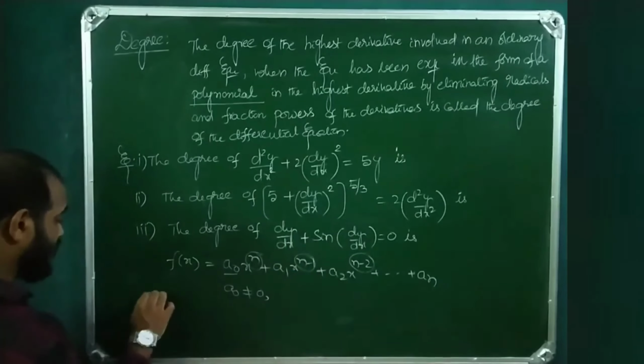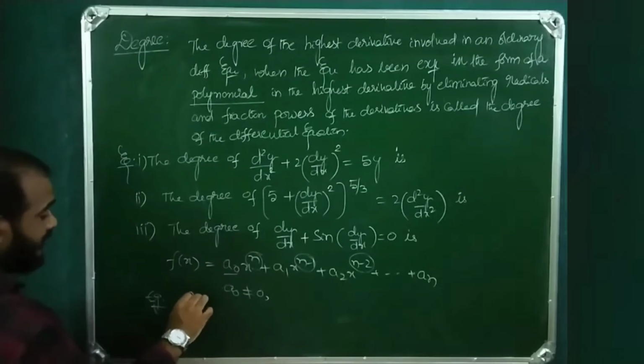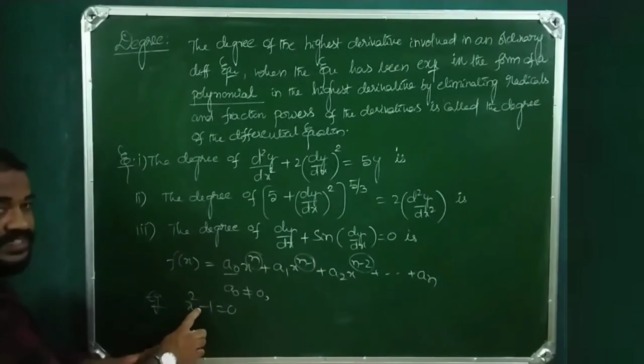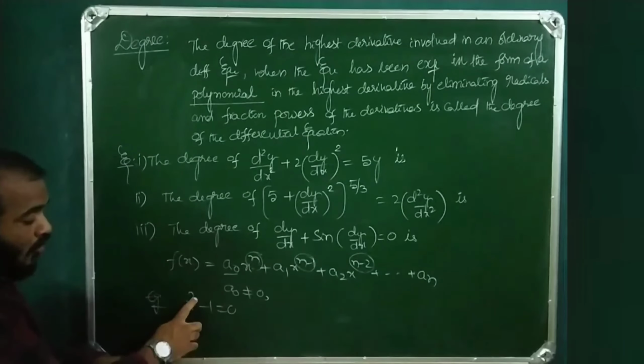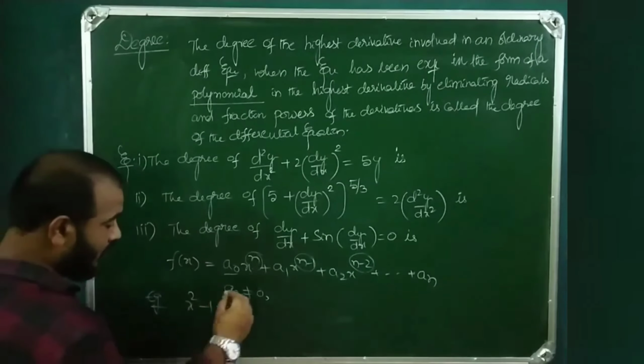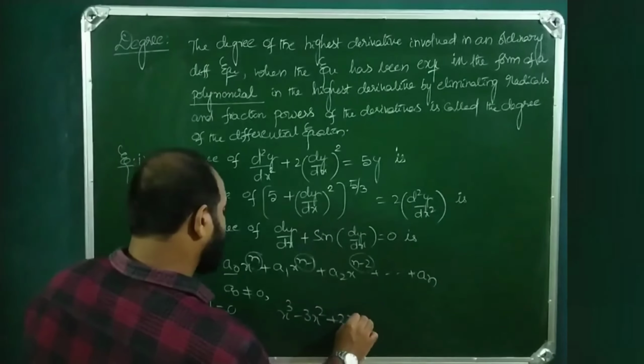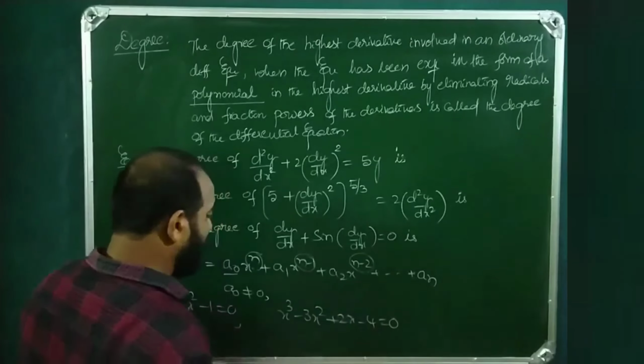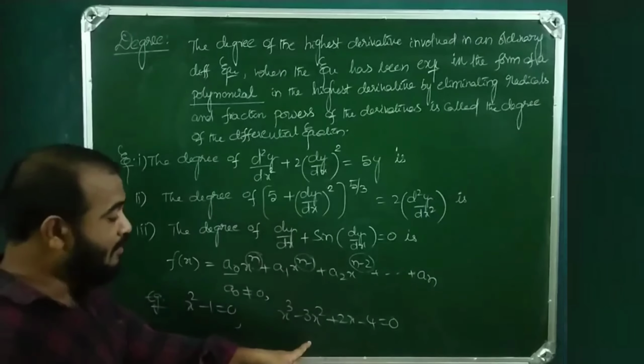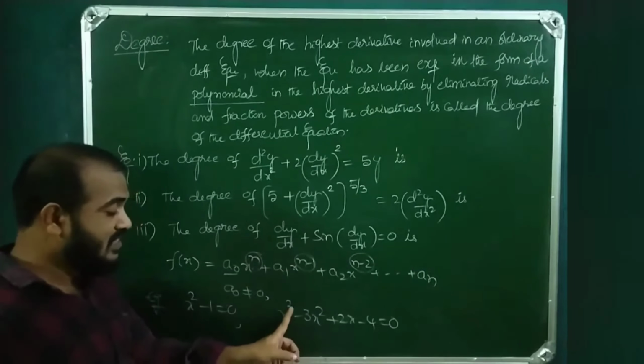Examples for this are x square minus 1 equals 0. This is a polynomial of degree 2. Likewise, x cube minus 3x square plus 2x minus 4 equals 0 is another example of a polynomial whose degree is 3.